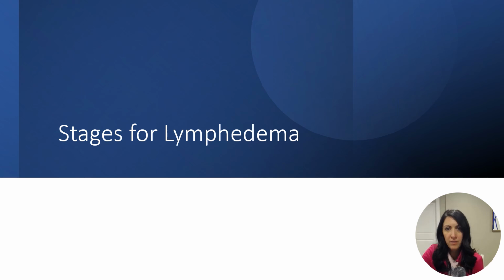Now, severity of lymphedema is characterized based upon the skin and subcutaneous tissue changes. It is described in 3 stages: pitting edema, brawny edema, and weeping edema. These stages range from least to most severe. Pitting edema is when pressure is applied to the edematous tissue and indentations remain for several seconds.